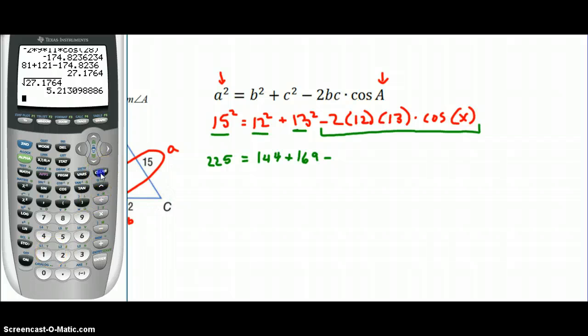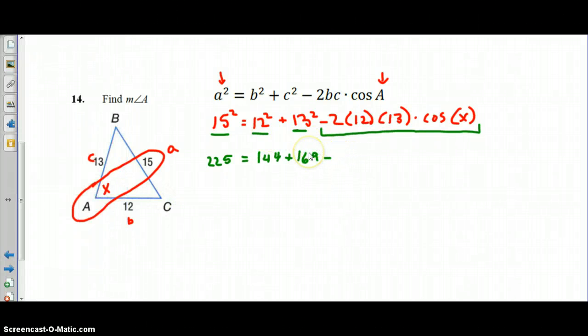Using our calculator, negative 2 times 12 times 13 is equivalent to negative 312. So adding to our notes, 144 plus 169, and negative 2 times 12 times 13, we saw, was negative 312, so minus 312 cosine of x. So now we have 225 equals 144 plus 169 minus 312 cosine x.